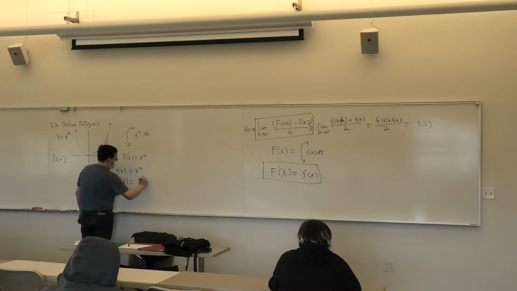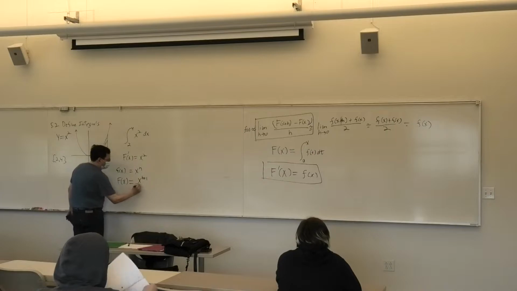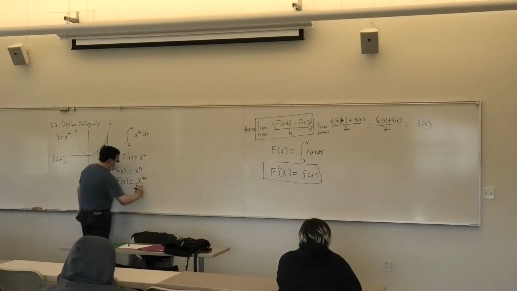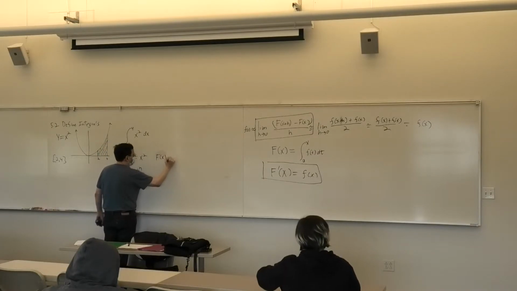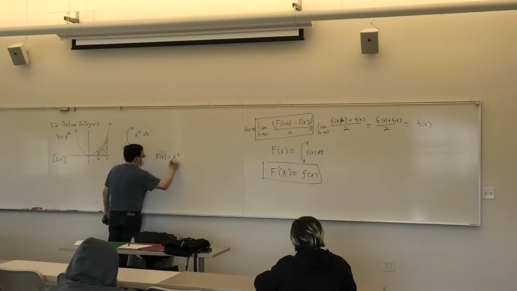We know it's going to be n plus 1, so that the constant comes out right, we divide by n plus 1. So here our antiderivative is just what? It's just x cubed over 3.